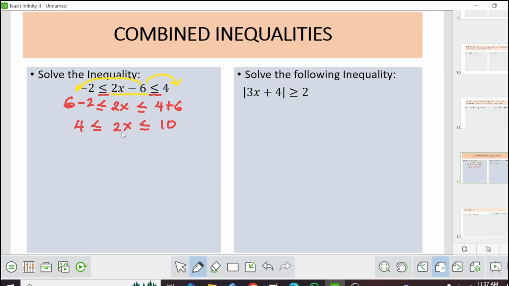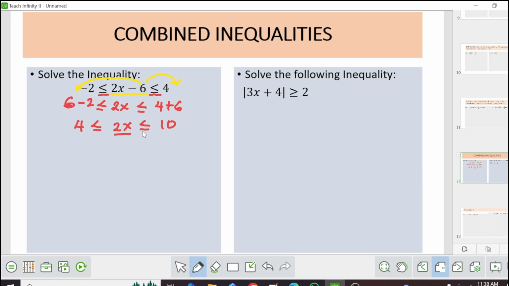Now, what I need here at the center is only x, not 2x. The 2 is multiplying the variable, so if I want to disengage the 2 from that variable, I do it by division. When something is multiplying a number, to remove that number you use division. When something is attached to a number by addition, to remove that number you use subtraction.